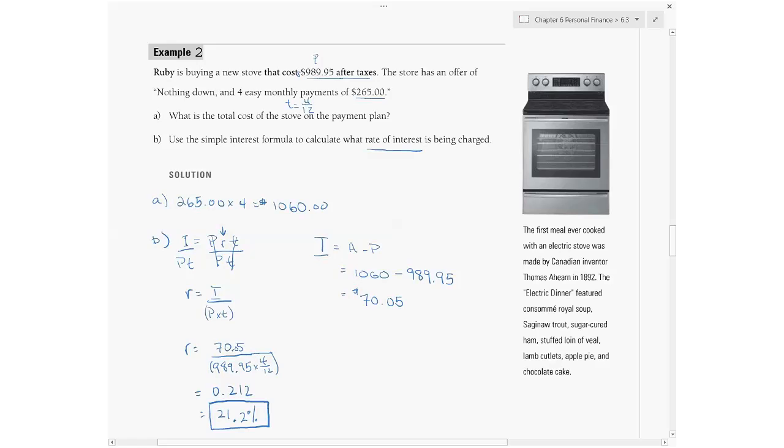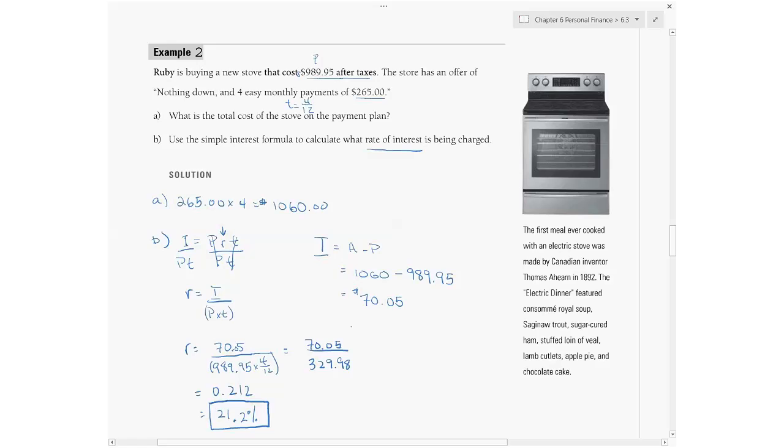Just going back to our calculations here, if your calculator doesn't have brackets for some reason, make sure you calculate this bottom part first. So you could say it's 70.05 divided by, well, what is 989.95 times 4 divided by 12? You can put that into your calculator, and you're going to get 329.983 repeating.